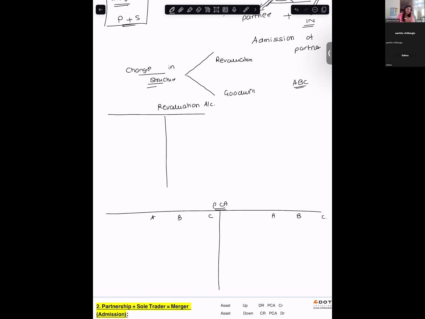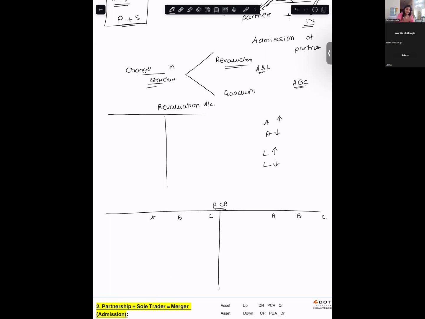I am going to revalue my assets and liabilities. That means the asset value can go up or go down, and the liabilities can go up or go down.